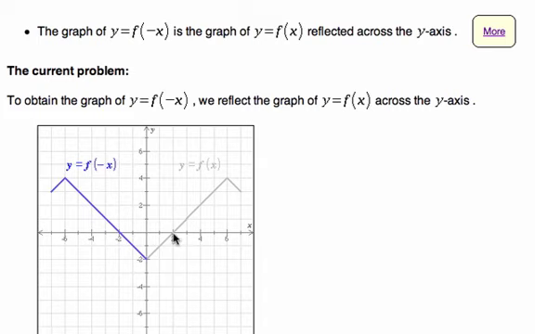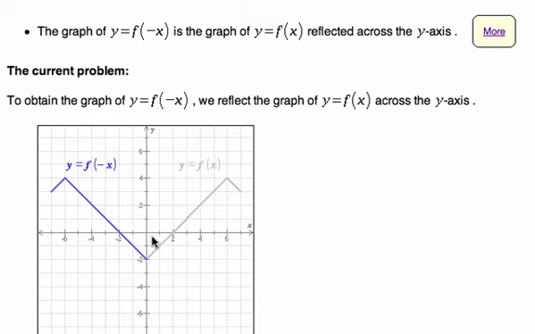And then this point here, which was 2, 0, change the x value to a -2, 0, and plot that. And then pick another point over here. So here's 4, 2. Again, change the x value from 4 to -4, and the y value stays the same at a +2. Okay, so you can go through there and just pick some points.